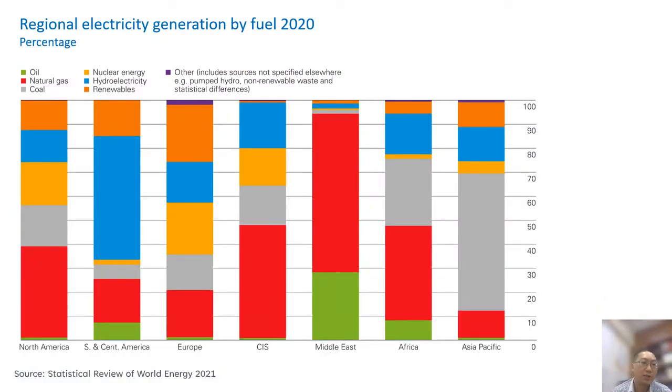Based on the regional electricity generation by fuel in 2020, natural gas is the dominant fuel used for power generation in North America, the Middle East, and Africa.